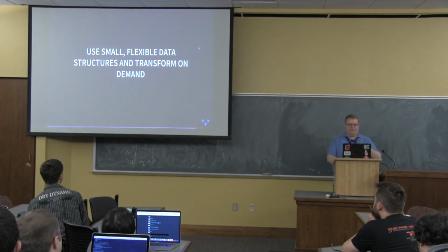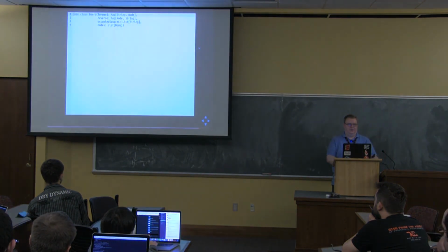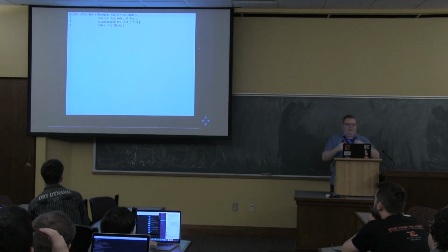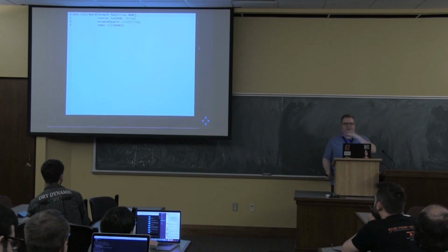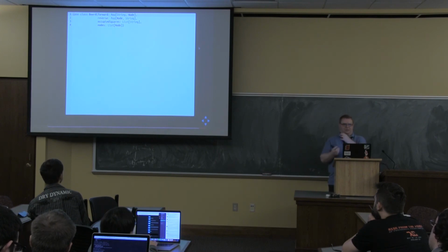And also, because of immutability, you can use small flexible data structures and transform them on demand. An example of this: when you have mutability, you often want to keep all your data together so that when one reference changes, you know that everything is synced up still.